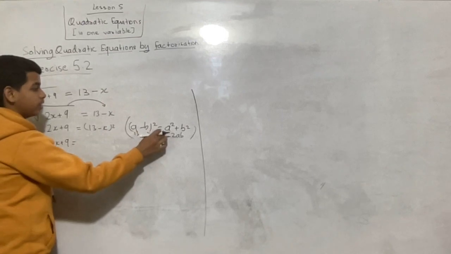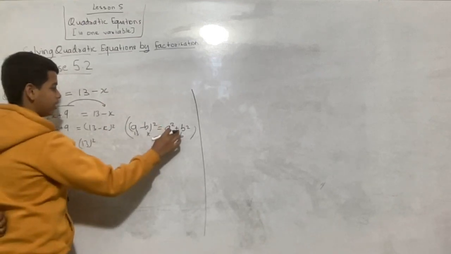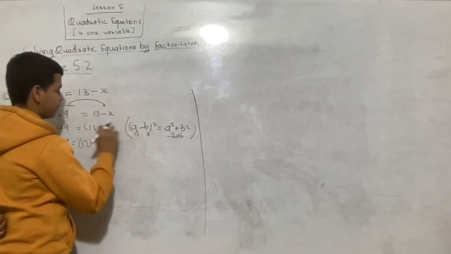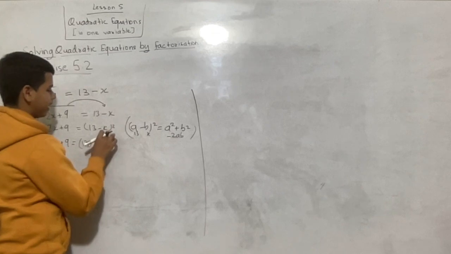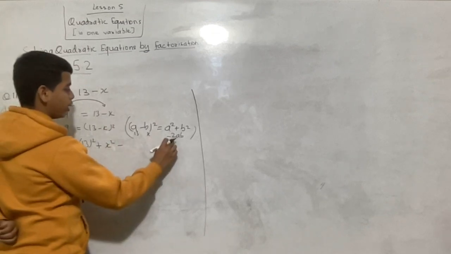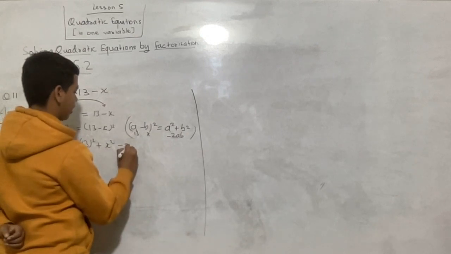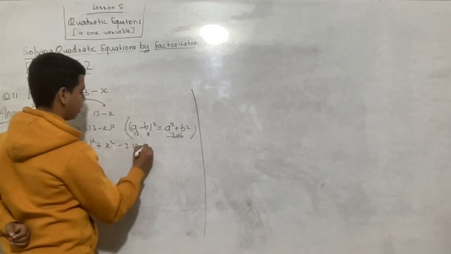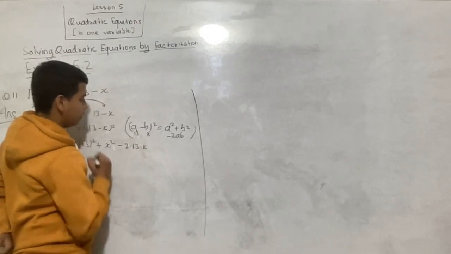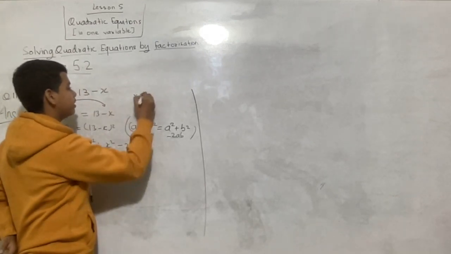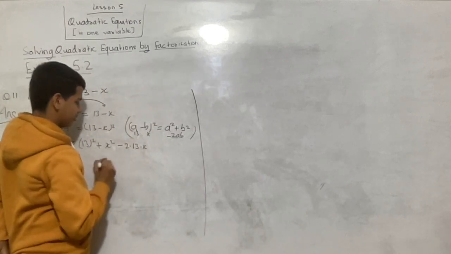So what does the formula say? 13 square plus b square, and here b is x, plus x square minus 2 into a into b, that is 2 into 13 into x. Now by the way, this dot here represents multiplication sign. Multiplication sign is this and this also, dot also. So by dot I mean multiplication.